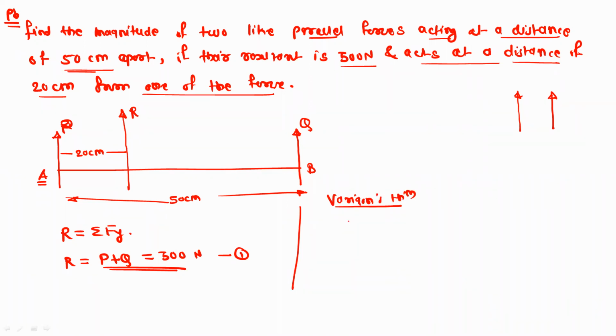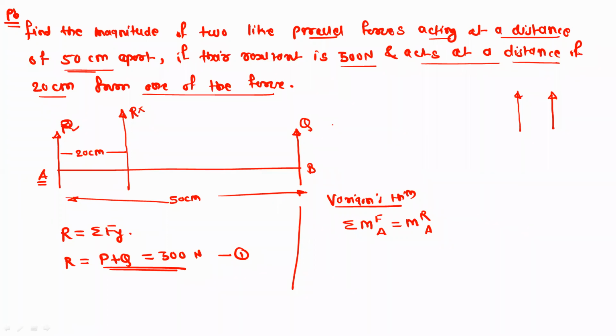So by using Varignon's theorem, we can write the equation: the summation of moments by all the forces in the system about any point, let us take the point A, is equal to the moment by the resultant about the same point A. So take the moment by all the forces. Forget about the resultant.